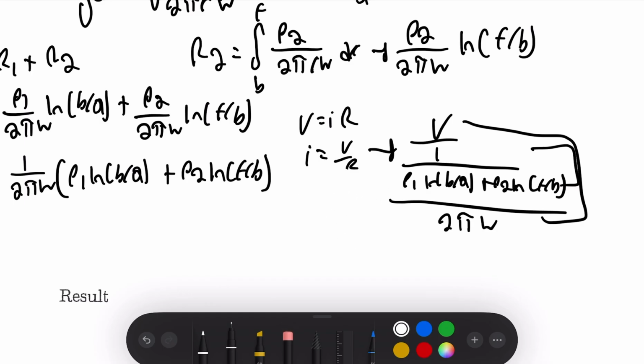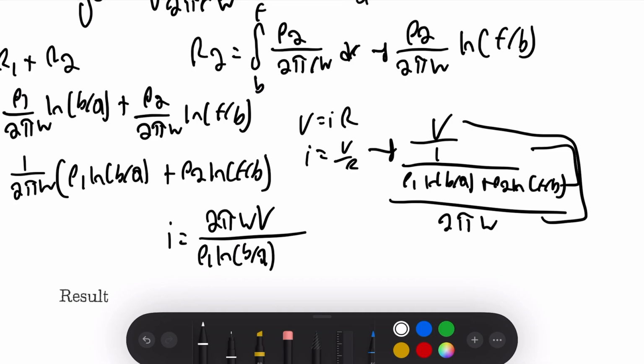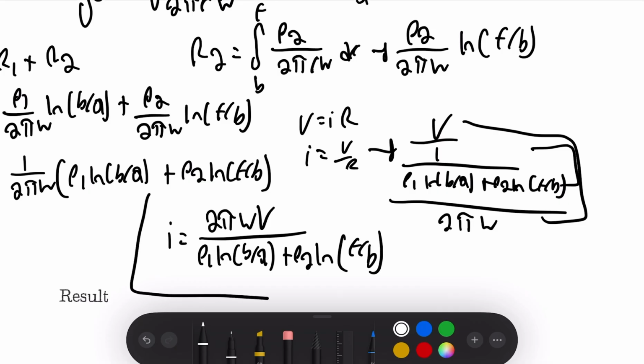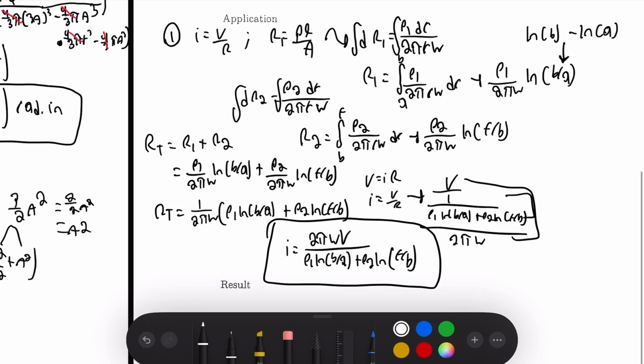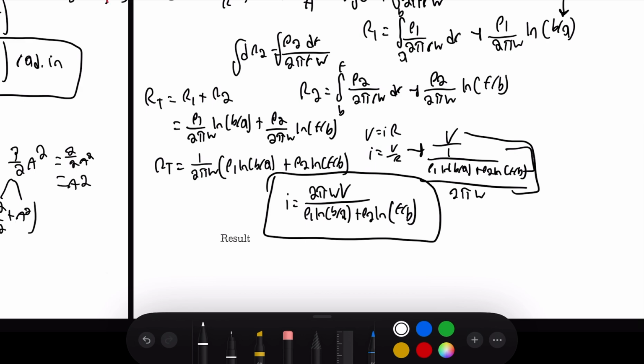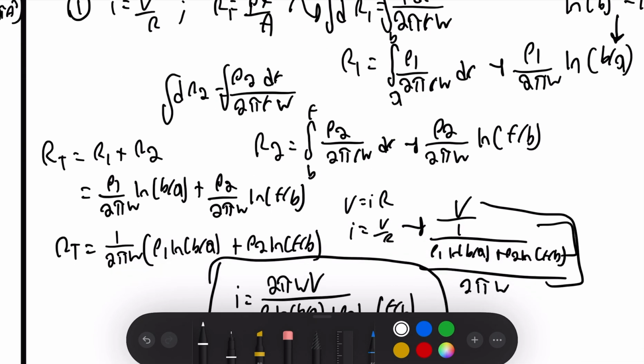I is 2 pi WV divided by rho 1 ln B over A plus rho 2 ln F over B. And yeah, that's what the answer key had. So that'll be the first way to do it.